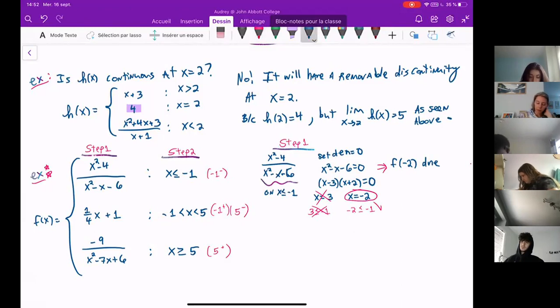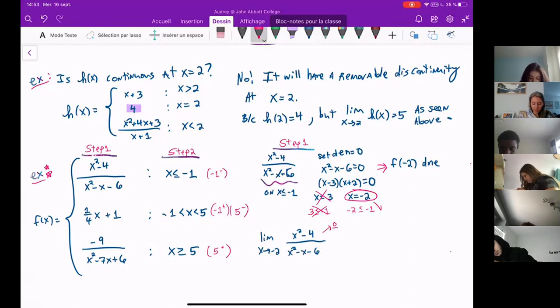So now I'm evaluating the limit as x approaches -2 of x squared minus 4 over x squared minus x minus 6. And I get 0 over 0, so I'm looking for an x plus 2.